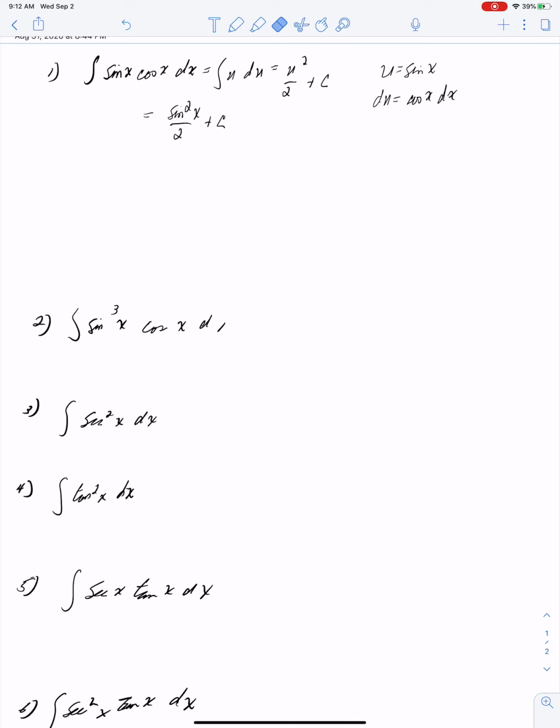Well, let's do it another way. So I start out with the integral again, sine x, cosine x dx. Only this time I'm going to let u be cosine x.